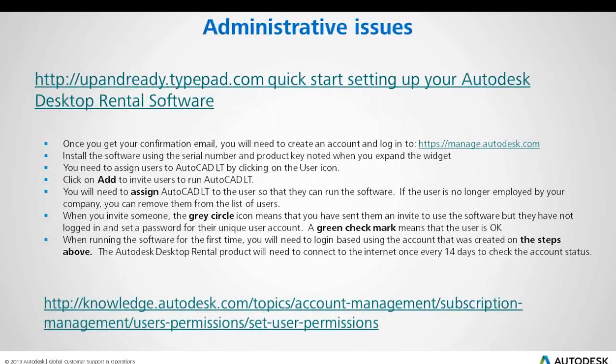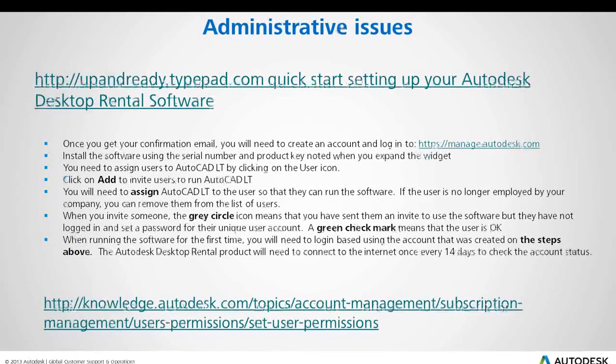Once the contract manager has set up an account for you, they add users in accounts.autodesk.com. You'll get a confirmation email, and it will have you create an account and log in to manage.autodesk.com, which is the same as accounts.autodesk.com. Then you install the software using your serial number and product key.